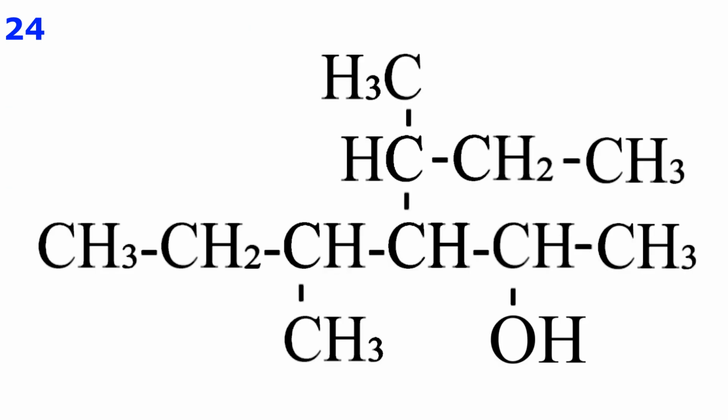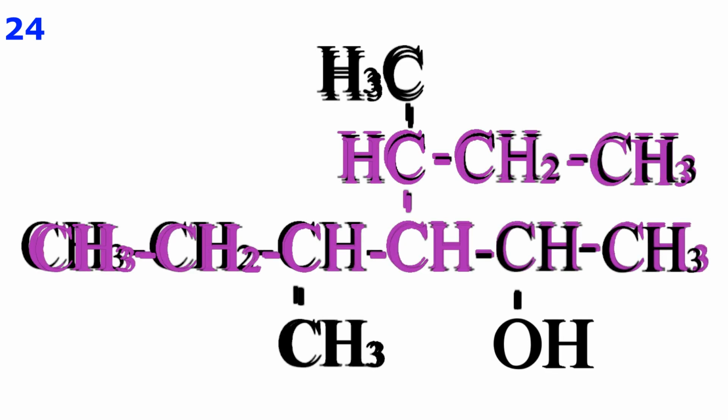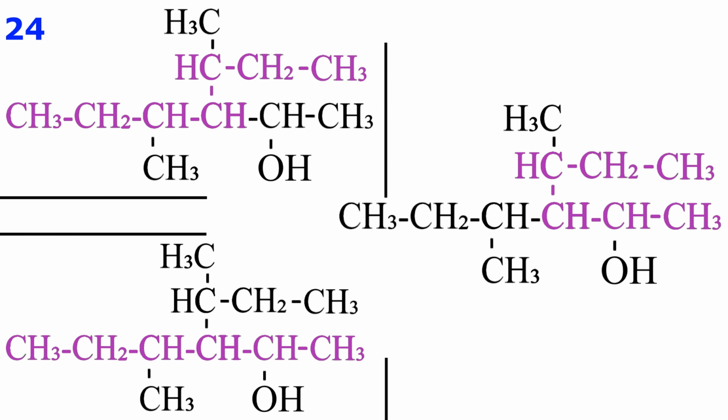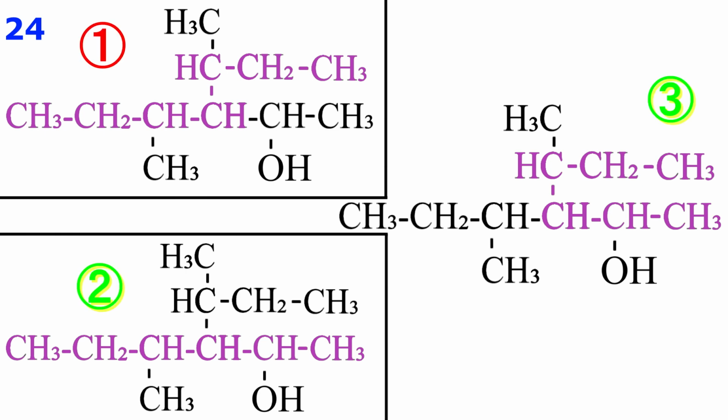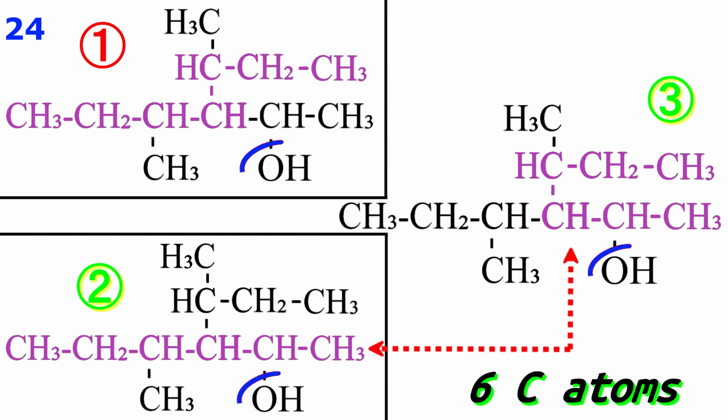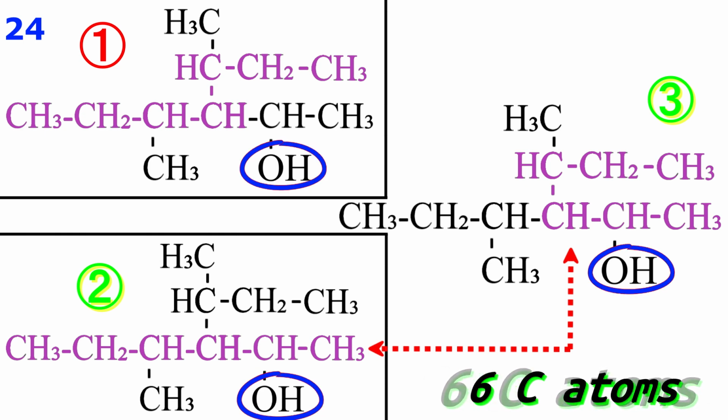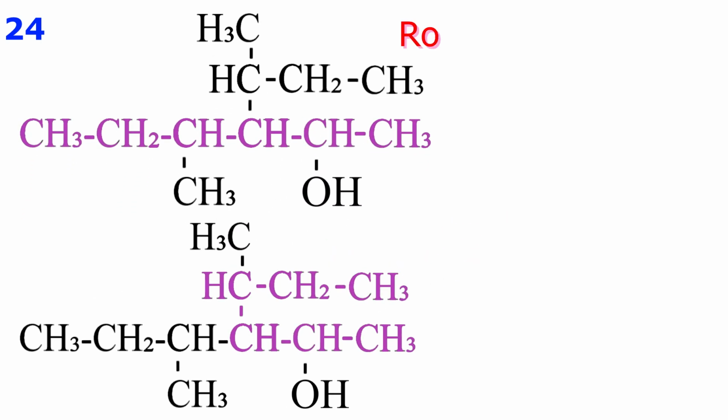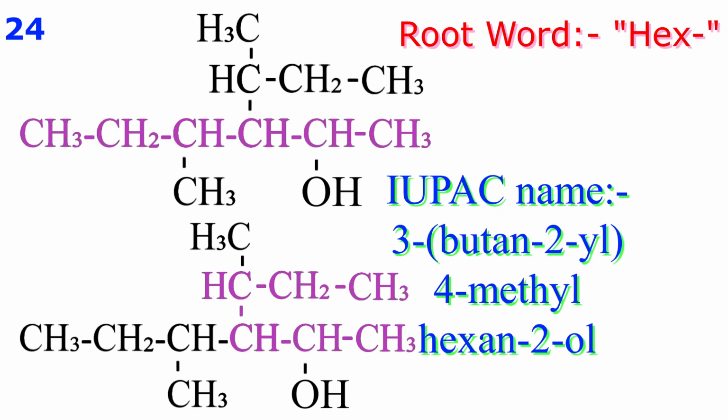For example, the chain with 6 carbons that includes the OH functional group is to be selected as the parent chain, irrespective of the presence of another chain with 7 carbons that contains no functional group. Friend, in this case, the carbon chain with 6 carbons is selected as the parent chain since it has a functional group. And here, the longest chain with 7 carbons is not taken as the parent chain since it has no functional group.